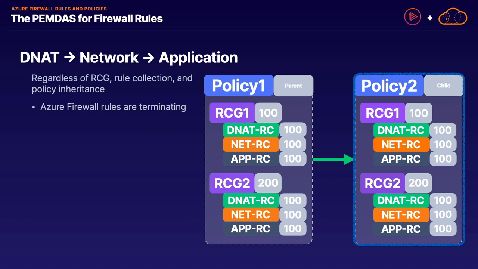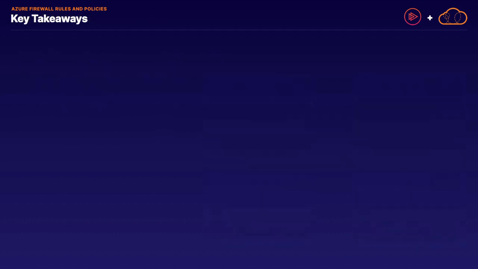Now that we've covered all these things for Azure Firewall rules, the types of policy management, the hierarchy, and the actual costs that are associated with the associations of those firewall policy resources to Azure Firewall resources, and we looked at how we actually evaluate what rules go into play, let's actually wrap up this lesson with some key takeaways here. If you take away anything from this lesson, it's important to understand that Azure Firewall has 3 rule types here.